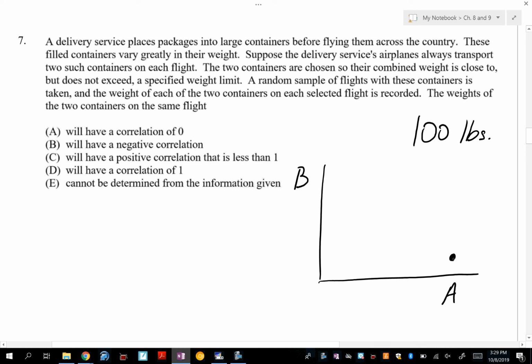So 90 for A, but only 10 for B. What if I had a package for B that was 90? Then A would need to be 10. So you're going to see that it's going to create a linear negative correlation. All right, so 7 is B.